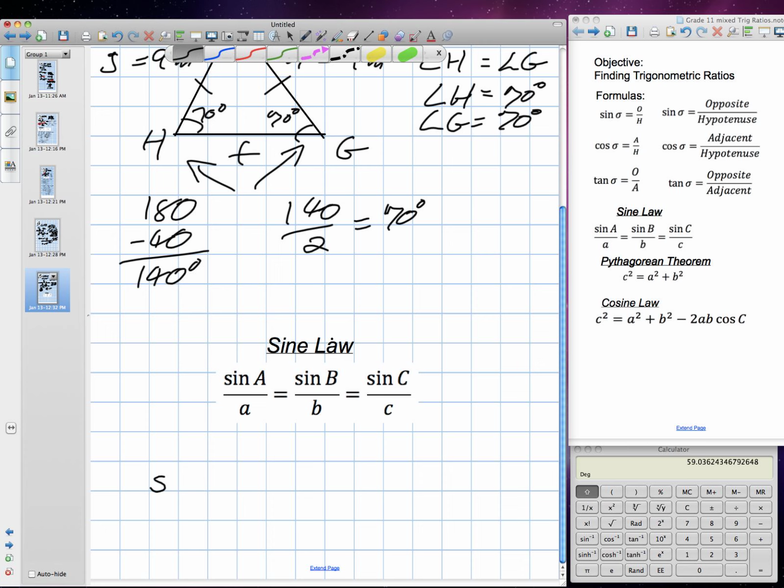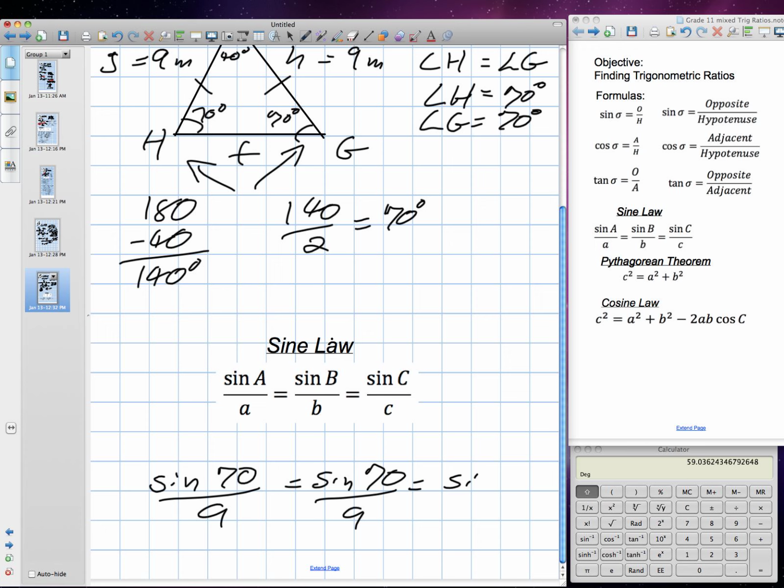You have enough information to use cosine also. So sine 70 over 9 is equal to sine 70 over 9. That's 2 of them, which is equal to sine 40 over F. These are both the exact same, so it really doesn't matter which we use. I'll take this one off.